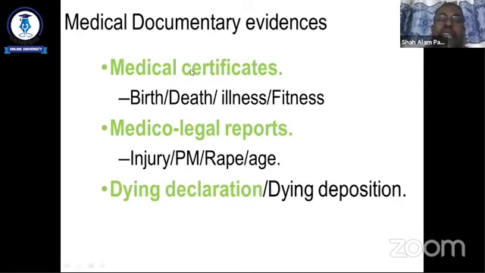What is the difference between medical certificate and medical legal reports? There is a question whether both are issued by the doctor or not. Can anyone say? Medical certificates are issued by virtue of your practice.